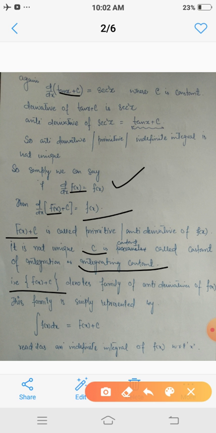In symbols we can represent this family as this elongated s, f of x dx, that is, integral of f of x dx. This integral is called the indefinite integral of f of x with respect to x. Here F of x plus c is the indefinite integral.